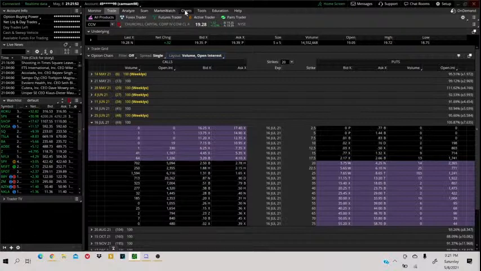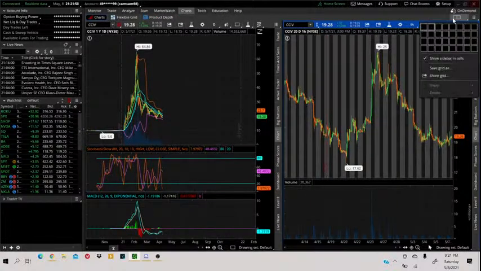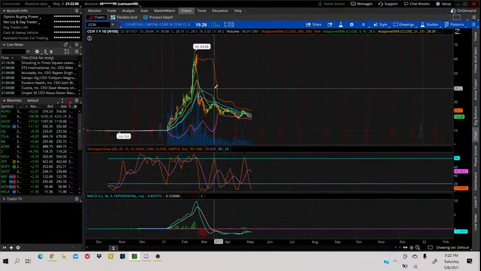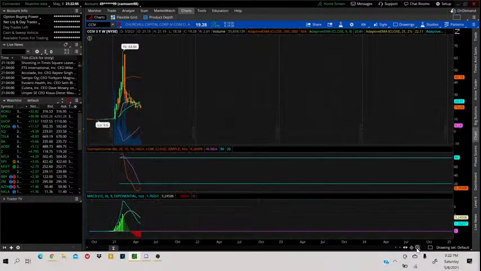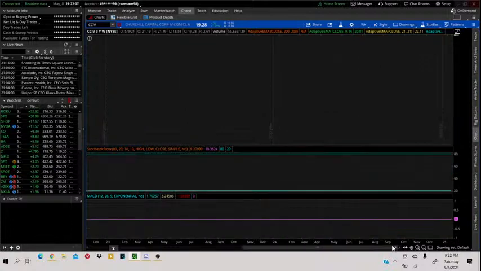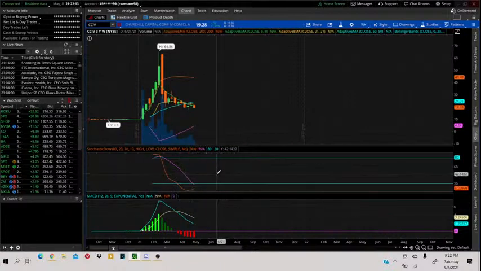With that being said, we're going to start out on a larger time frame, doing support and resistance, then work our way to Fibonacci retracements, and then supply and demand.